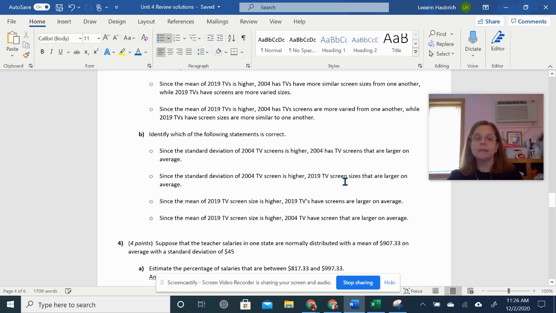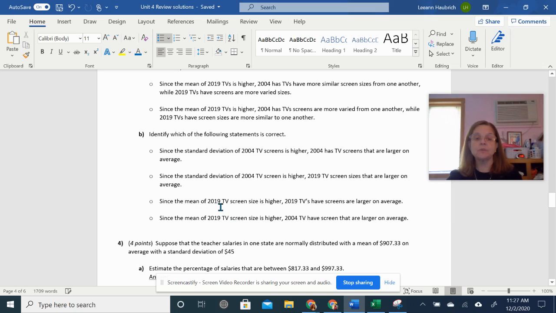Since the standard deviation of 2004 screens is higher, that's true. The 2019 screens are, well, they are larger, but the standard deviation of 2004 being larger does not cause the 2019 TV screens to be larger. So this is nonsensical.